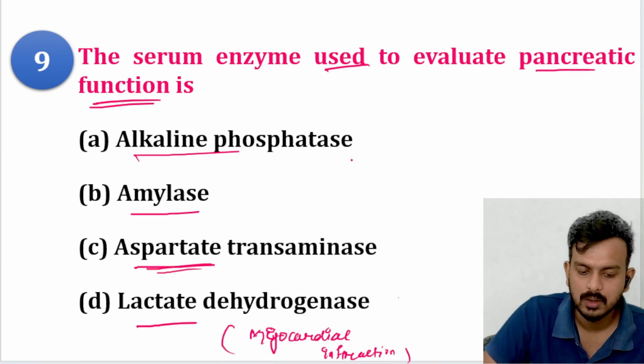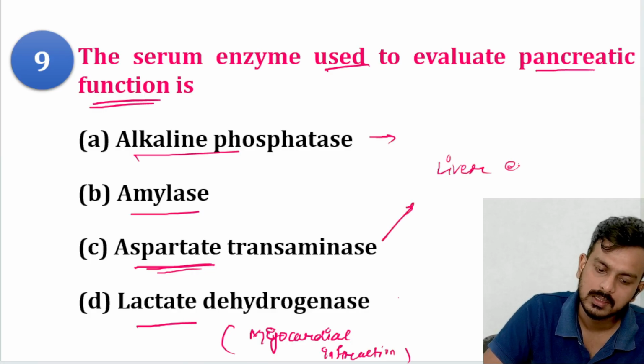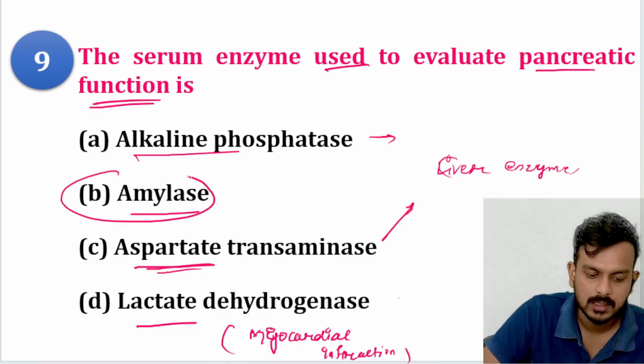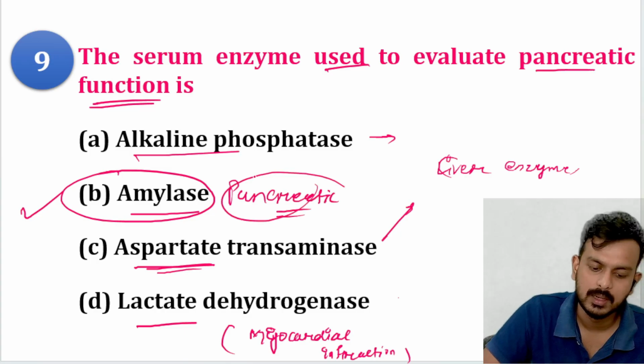Aspartate transaminase (AST) and ALP are liver enzymes for detection of liver disease. But amylase is for the pancreatic function, so we call it pancreatic amylase.